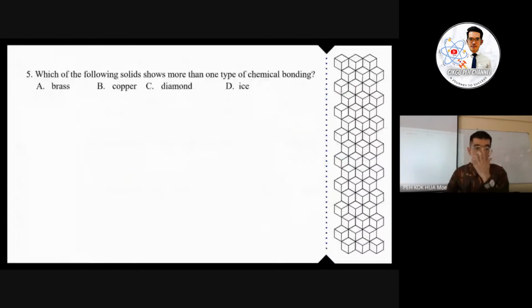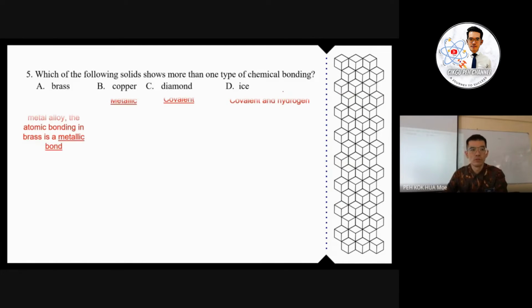Okay, so next we go to question number 5. Which of the following solids shows more than one type of chemical bonding? Okay, so for A, brass is an alloy, a copper-zinc alloy. There is a metal alloy, so it is bonded with a metallic bond only.